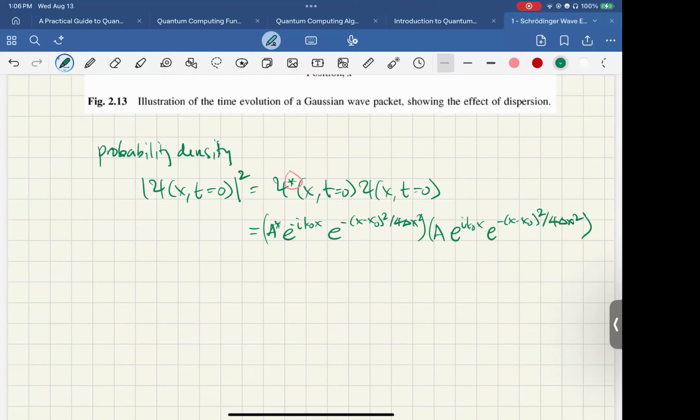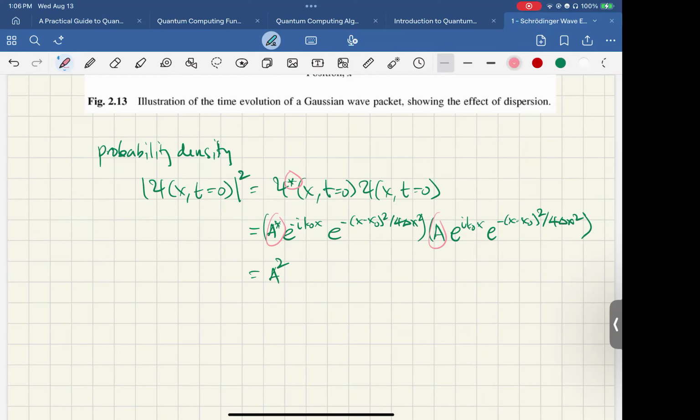In general, this amplitude can be a complex number. But by taking the complex conjugate and multiplying it with its non-complex conjugate, you eliminate the complex component. So this will become simply a squared.